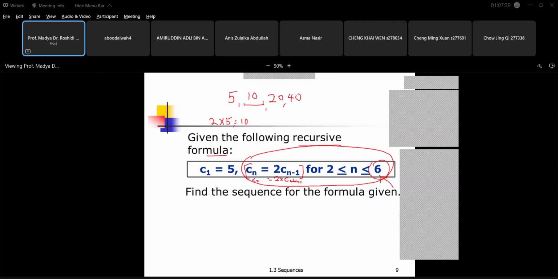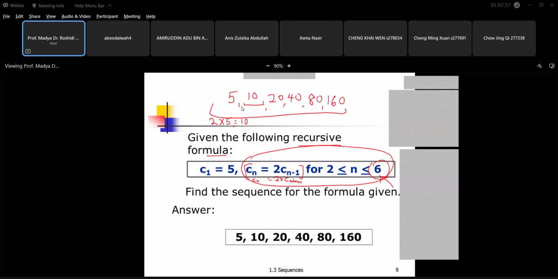So 1, 2, 3, 4, the next 80, the next 160. So 1, 2, 3, 4, 5, 6. Enough. So this is the answer based on this formulation in order to represent the recursive formula: 5, 10, 20, 40, 80 and 160. Why until 160? Because only 6.